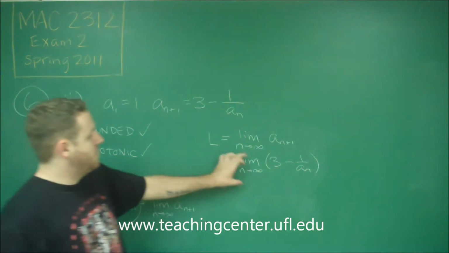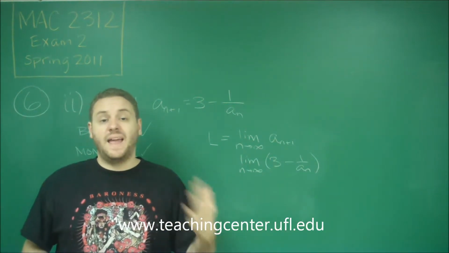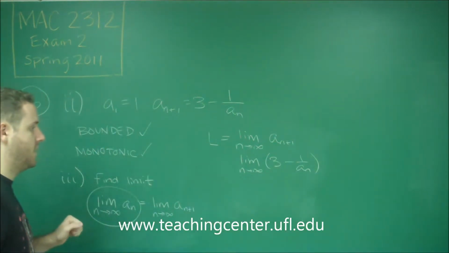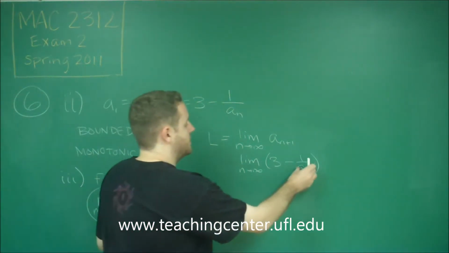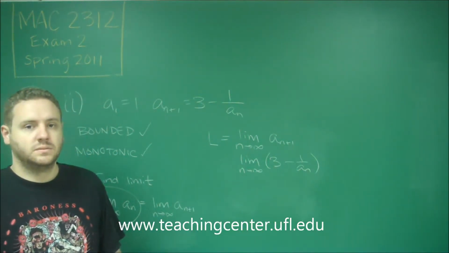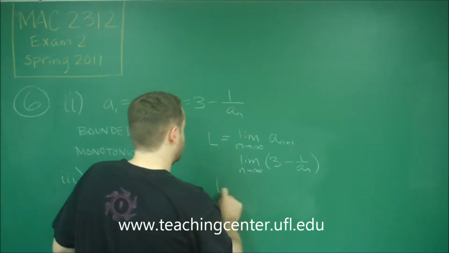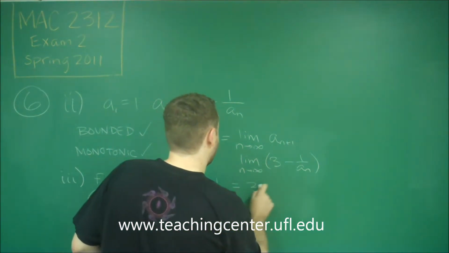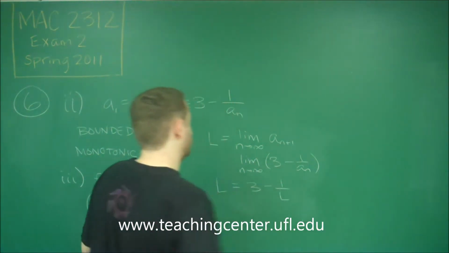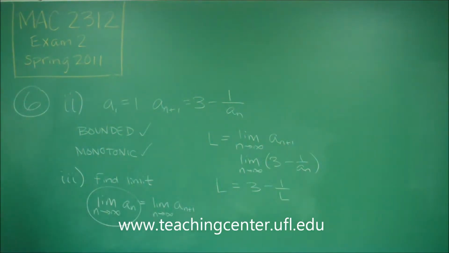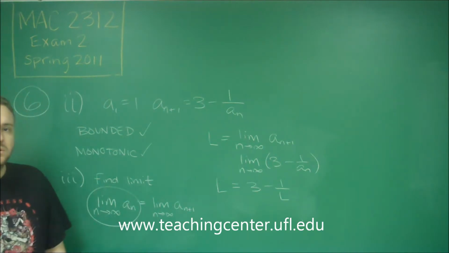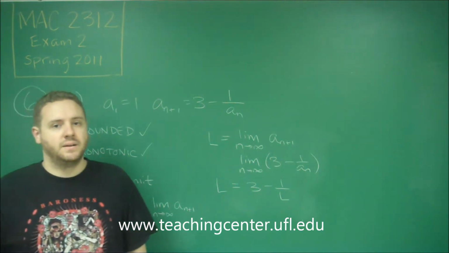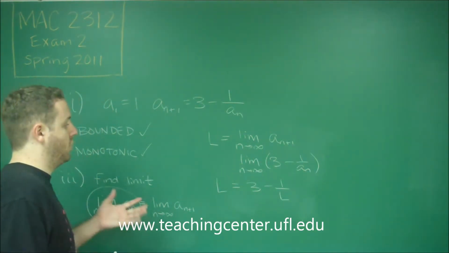And remember that your limit operator distributes over any operation here. That means the limit as n goes to infinity of a sub n is actually going to be L. So we get the following limit there: L equals 3 minus 1 over L. And now we need to solve that. We need to solve for L.